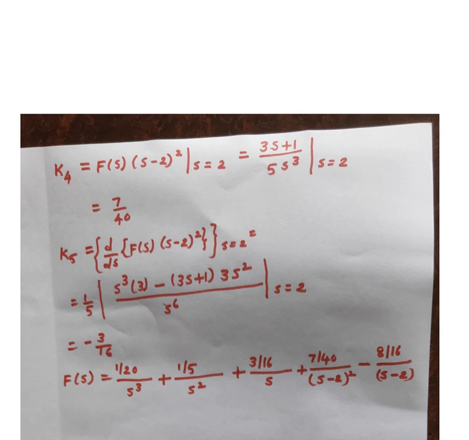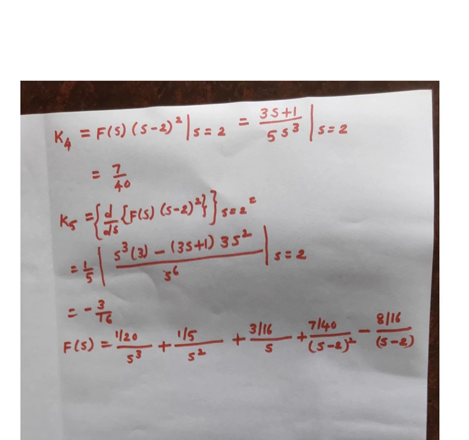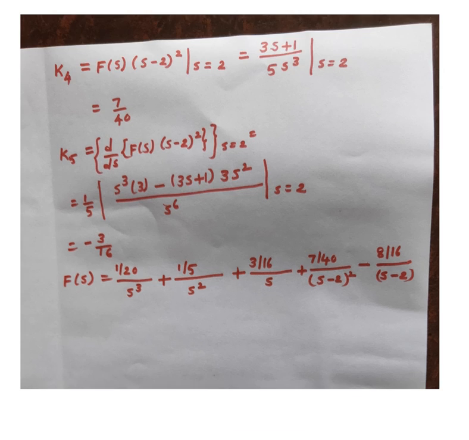So v du by dx means v is s cube. Du by dx means 3s plus 1. So when you differentiate with respect to s, then we get 3 here. Similarly here u dv by dx. So u means 3s plus 1. dv means s cube, on differentiation of s cube we get 3s square. Then substitute s is equal to 2 in this. Then we get minus 3 by 16.